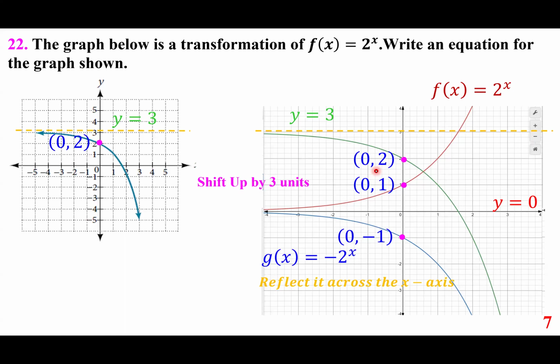Therefore, we are going to say the function is this function shifted up by 3. That means plus 3. So h of x is negative 2 to the power of x plus 3. That's how we got it. If we happen to have the same scale, we see that they will be absolutely identical.